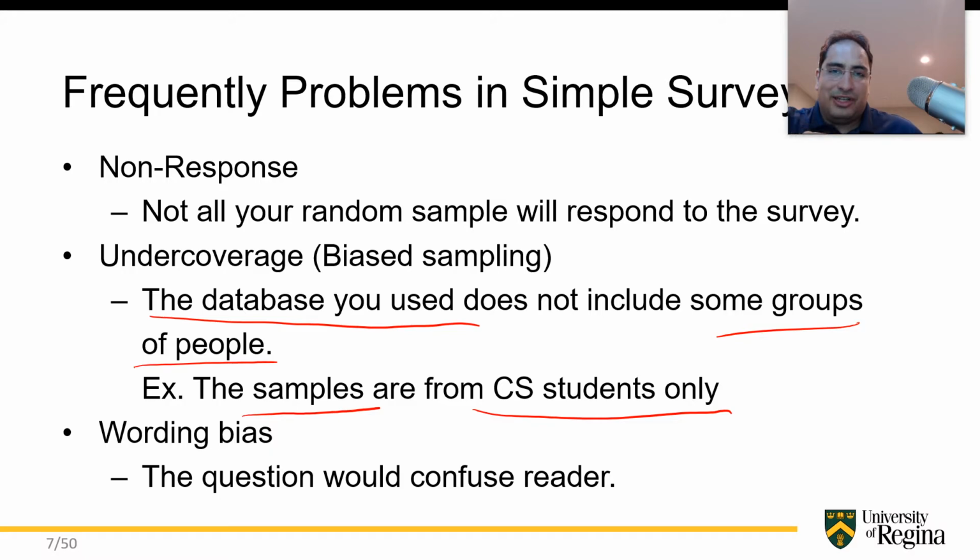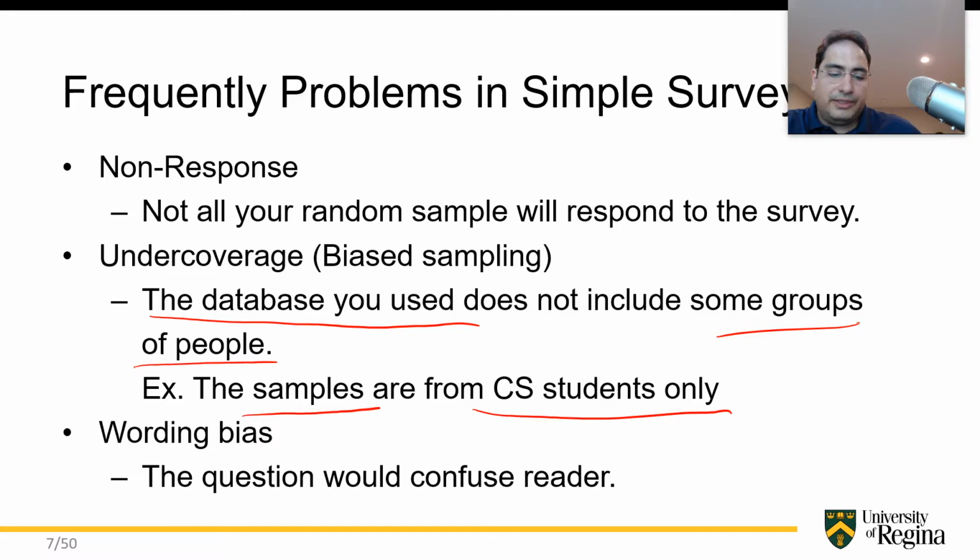Because they're computer science students, they're more familiar with computers in general, and that will create some bias. We cannot use that data and assume that it was selected from all the students from the university. So that's one major thing to consider.